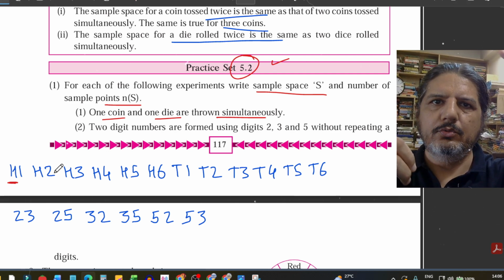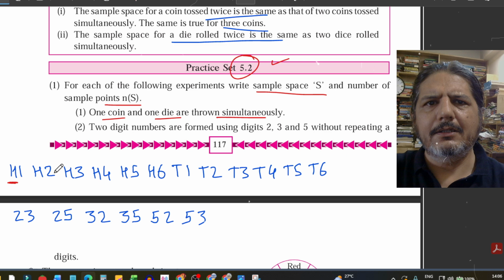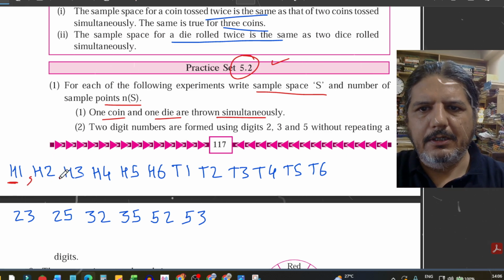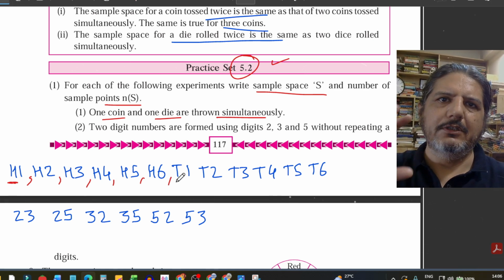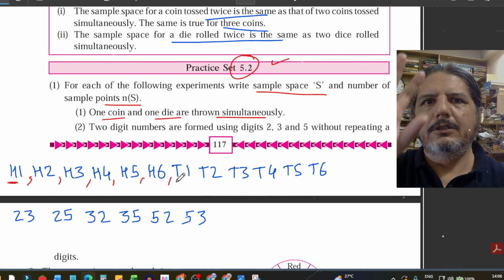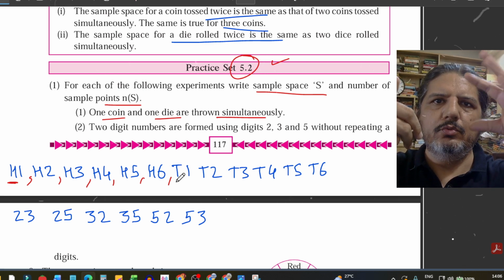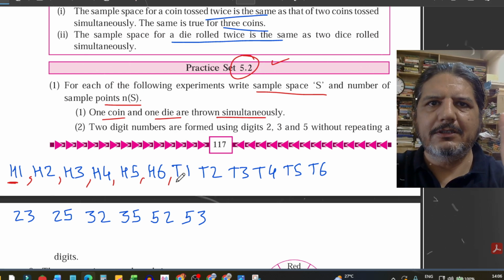They can be 1, 2, 3, 4, 5, 6. This is a very easy way of writing the sample space: H1, H2, H3, H4, H5, H6. Basically, if I get a head on the coin, on the die I can get 1, 2, 3, 4, 5, 6. So these are the 6 choices I have.